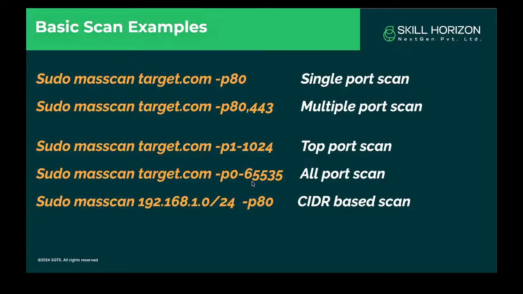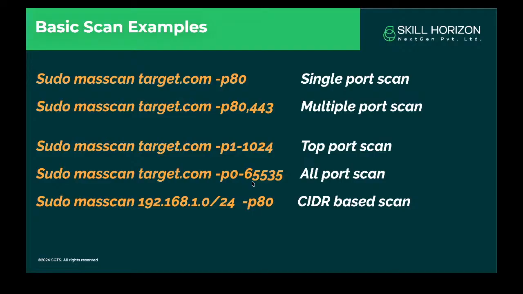If you want to scan multiple ports, you can separate the ports with commas. If you want to scan the top ports, we can provide the range from 1 to 1024. If you want to scan all ports, you can provide the full range. And if you have a list of subnets, you can provide a CIDR.